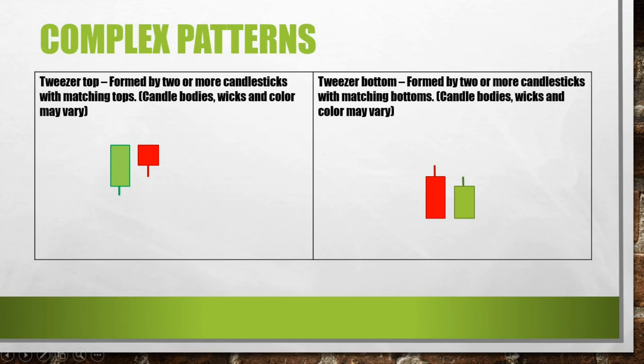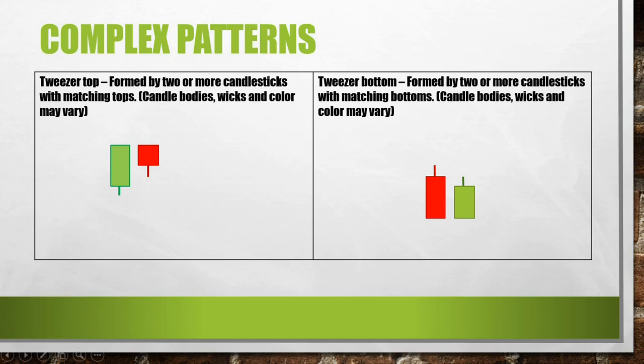Not exactly the same, maybe a tick or a few ticks difference, but virtually they should be the same. It can be two or more candlesticks, and if these types of candles are formed, it means the market tends to go to the downside after their formation.